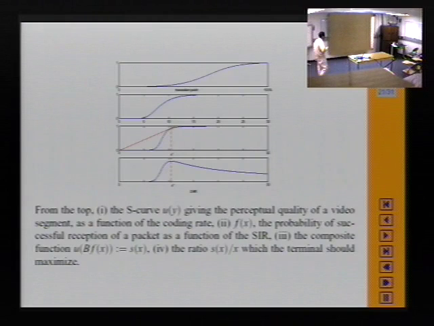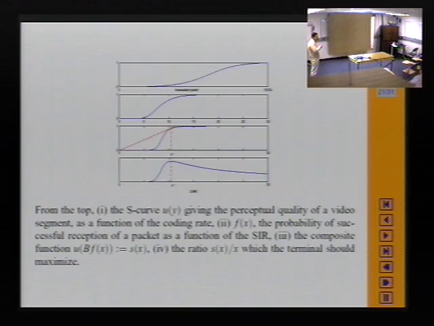So all of this here is showing everything put together. This is presumably an S-curve. This is quality as a function of the truncation point, as a function of the cutting rate. This function here is the FSK function. This is the actual function that's just plotted here. So it's an S-curve. What is this? This is the composite function.